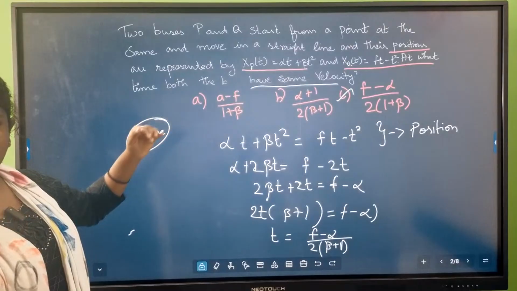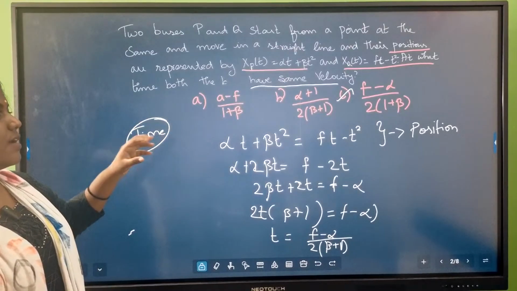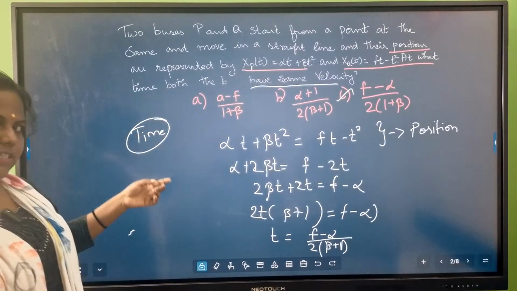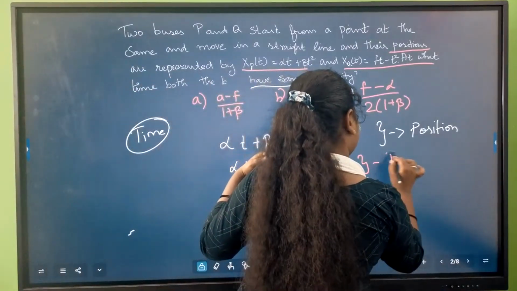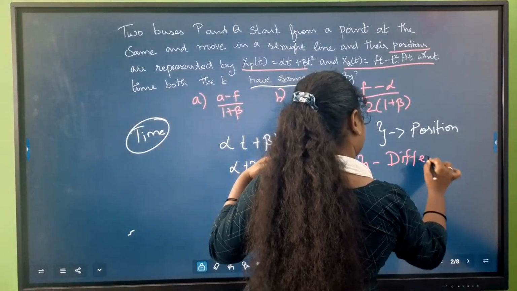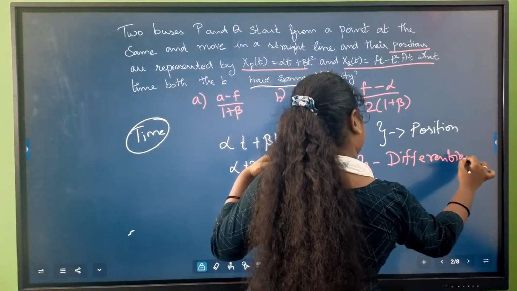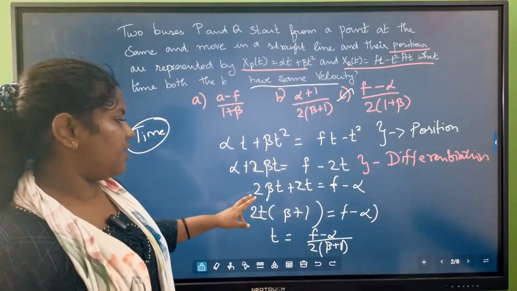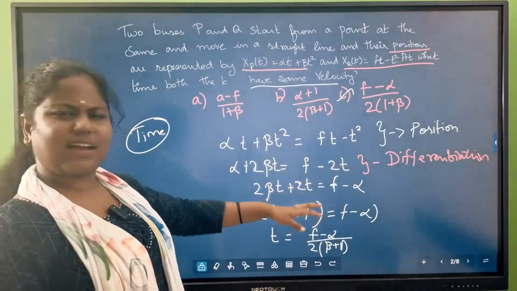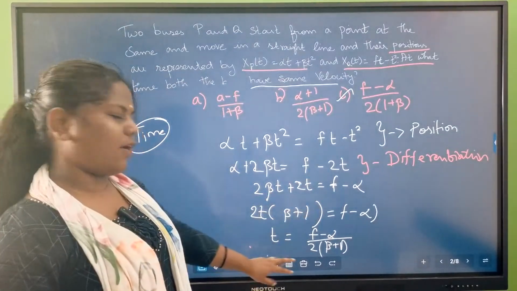So from position, we are bringing velocity, right? So it is differentiation. We have done differentiation here. Yeah, this is the differentiation part. And finally, after differentiating, we have separated t and other things. And finally, we have found out t.